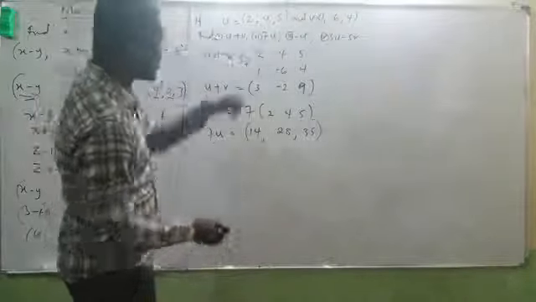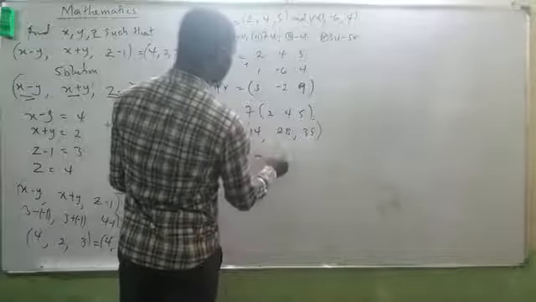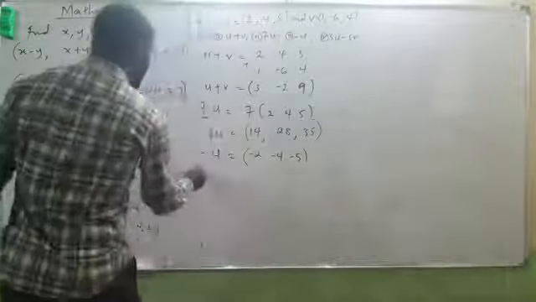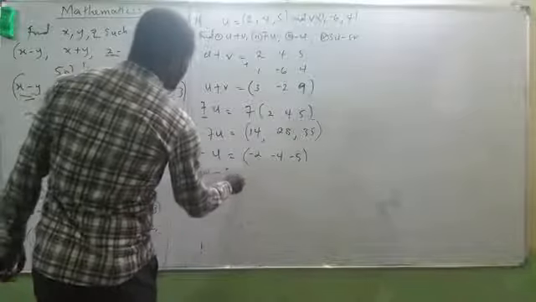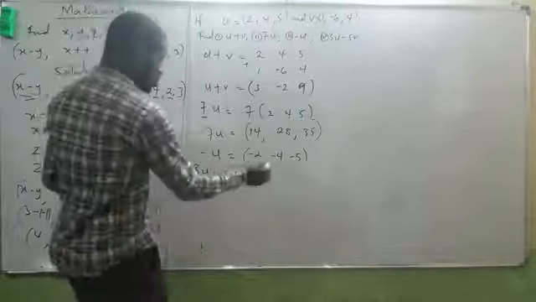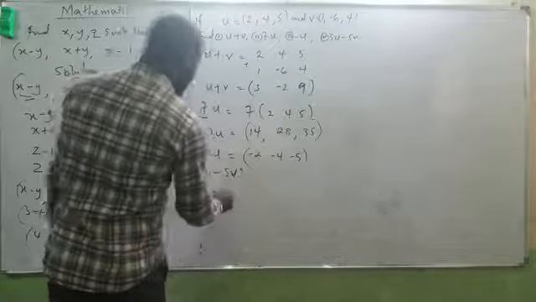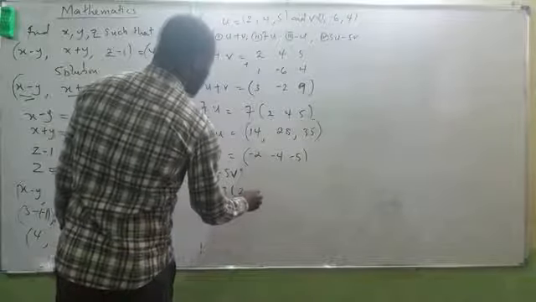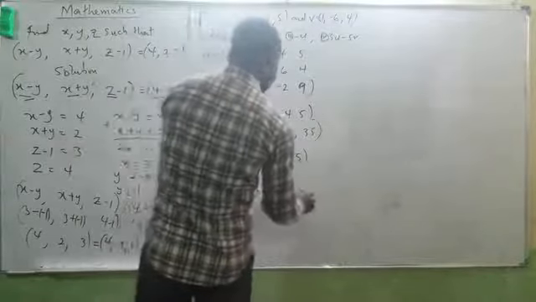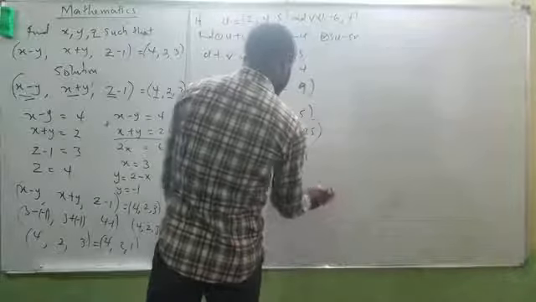Now, if I'm talking about minus u, it's minus 2, minus 4, minus 5. Take note of that. And if I'm having 3u minus 5v, it is not complex. My 3u will be 3 times (2, 4, 5), which implies 6, 12, 15.